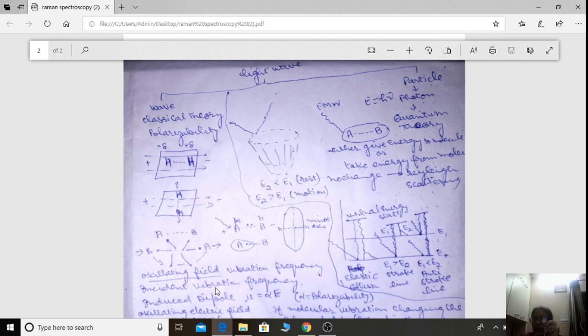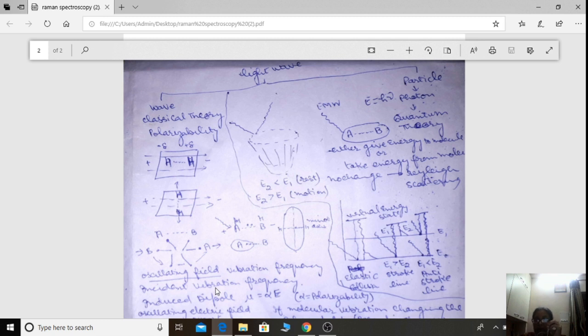Suppose it goes into an even state. So what happened here? The energy of incident radiation is greater than the energy of scattered radiation. Here you can see in the diagram, E1 is greater than E2. Such type of scattering, and we get lines. These are called Stokes lines.